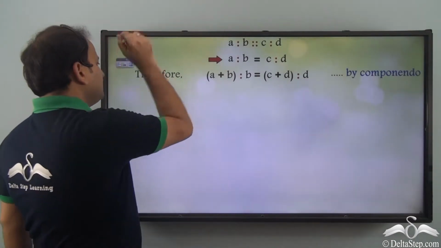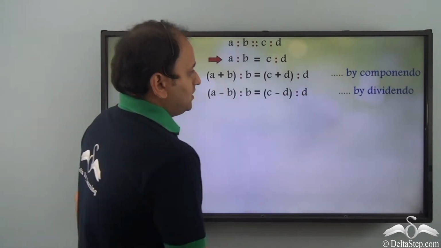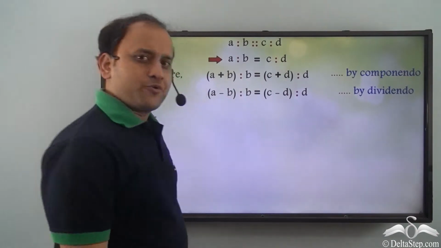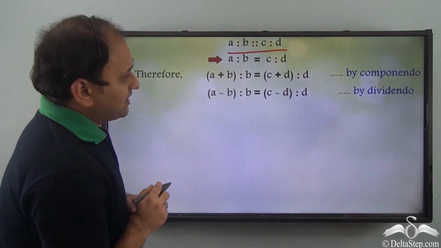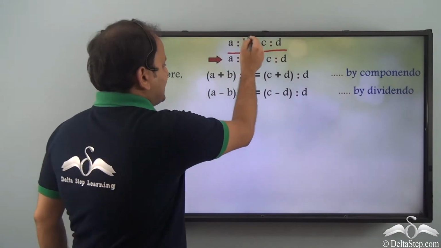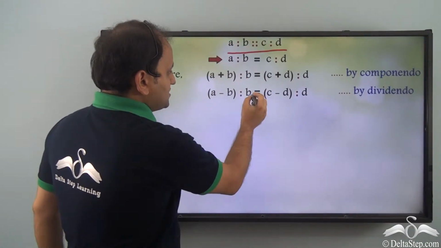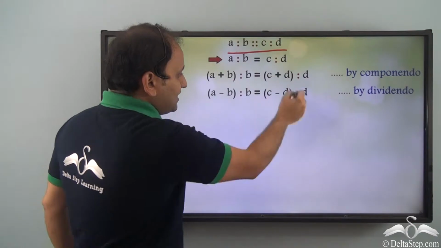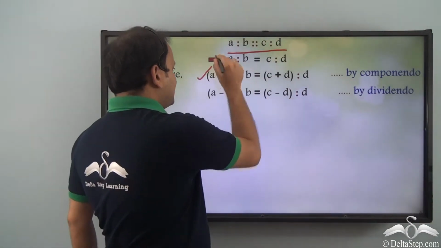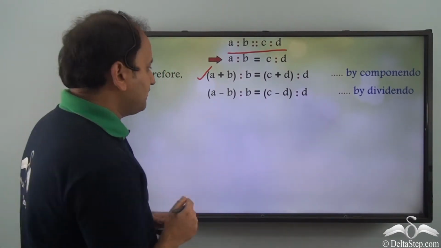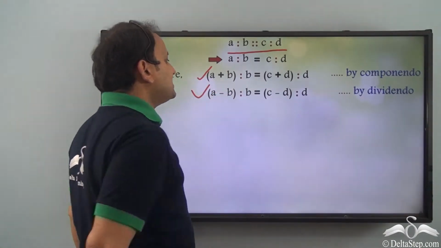Now, if we apply dividendo property on this relationship, then what can we write it as? A minus B is to B is equal to C minus D is to D, isn't it? So if we apply componendo, we get this, and if we apply dividendo, we get this.